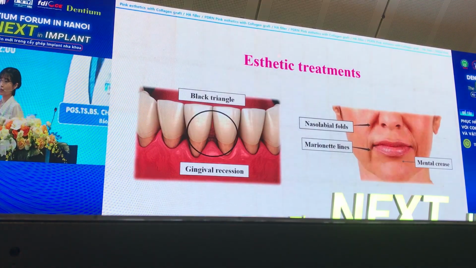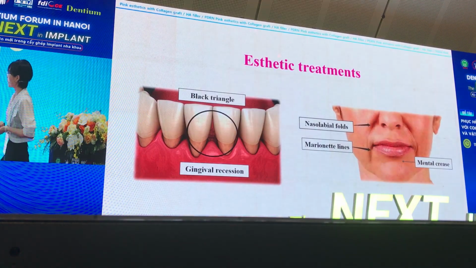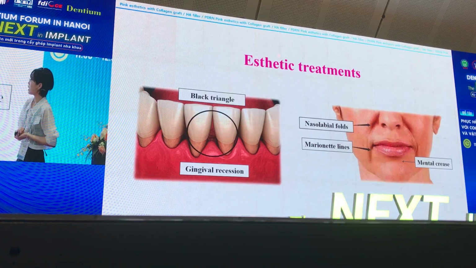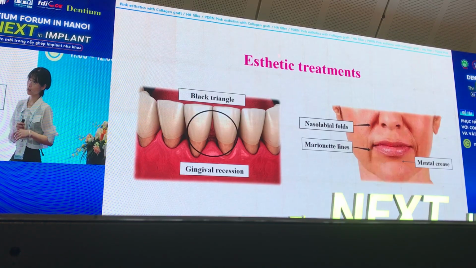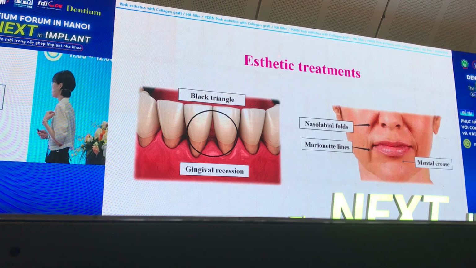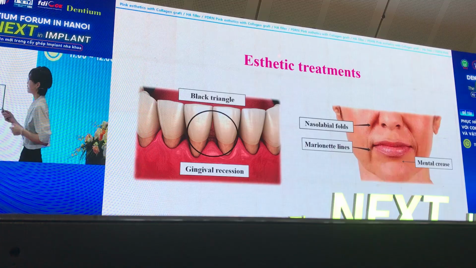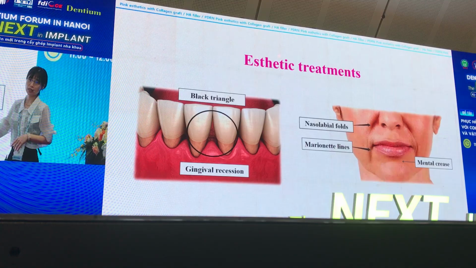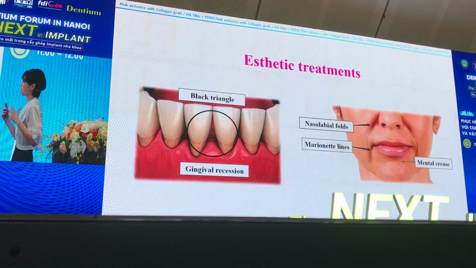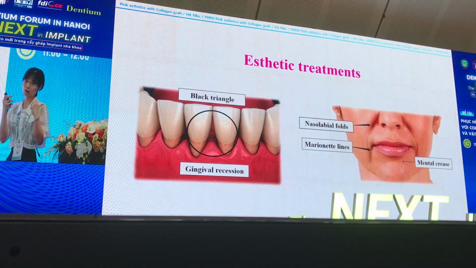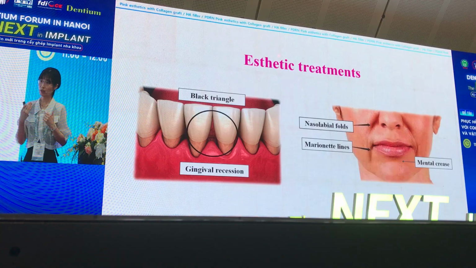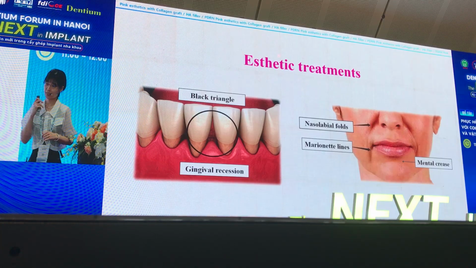Okay, so today I would like to introduce my aesthetic treatment, especially as I am a dentist. Many patients come to my clinic for the treatment of black triangles and gingival recession, and additionally wrinkle care, the capillary wrinkle, including the marionette lines and vertical lines, and also mental crease.